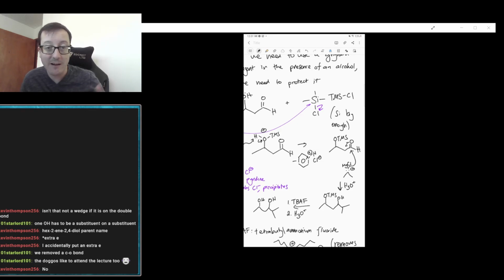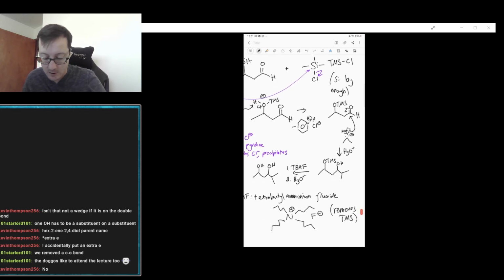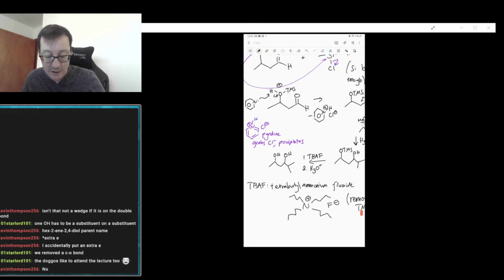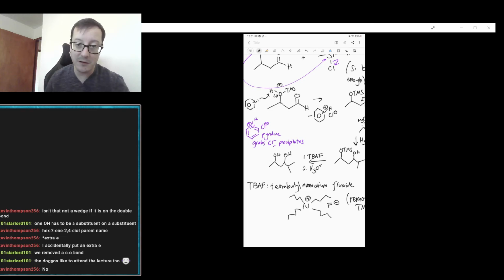We now have our protected alcohol, so we can go ahead and do our Grignard reaction. Wash that off. We end up with our alcohol, and then we can deprotect with tetrabutylammonium fluoride, TBAF. So F minus, typically from TBAF, is the way to remove this. And then we just do a final acid wash at the end to protonate things.